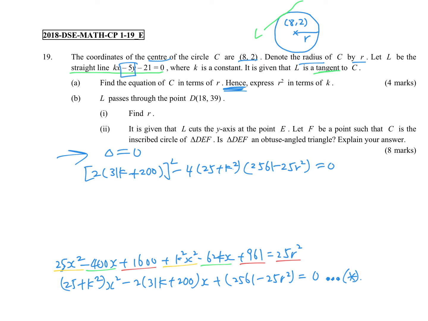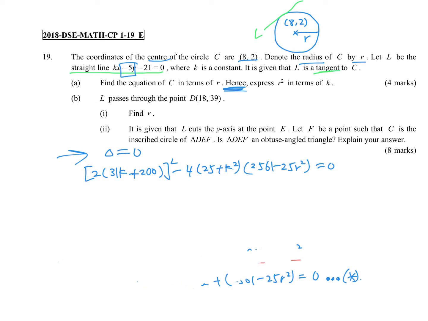Okay, done. So I'll do the erasing first. And then after that, you can see why I try to take out 2 as the common factor for the coefficient of x in the equation star, because now we have the 4 here. We can cancel this. And then 31k all square, 961k squared plus 62k, and then plus, right? Oh no, not just 62.